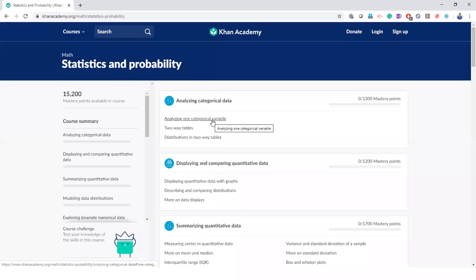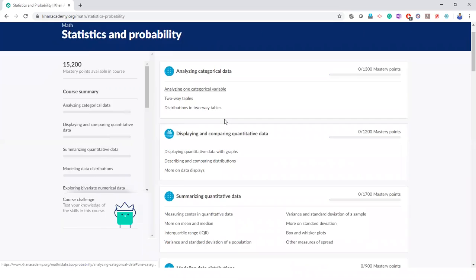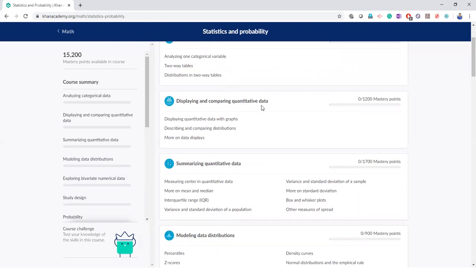You need to analyze categorical data by different methods, and this module will be talking about those. How do you explain categorical data? What is categorical data? How are you able to represent the data tabularly or graphically? Then displaying and comparing quantitative data.